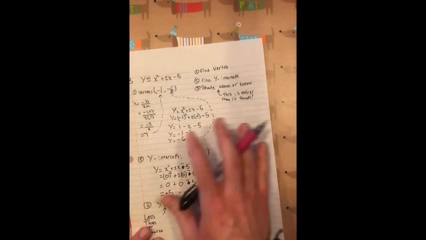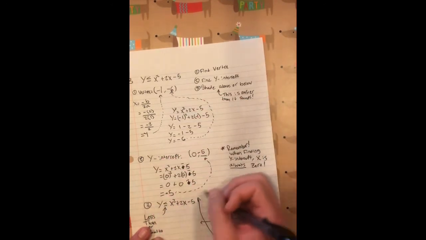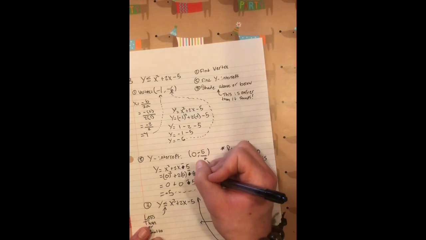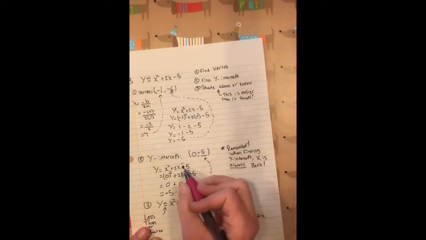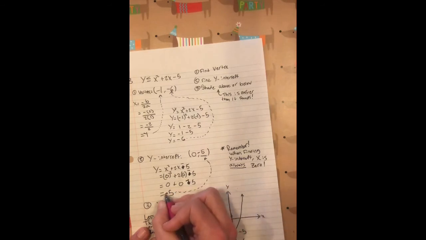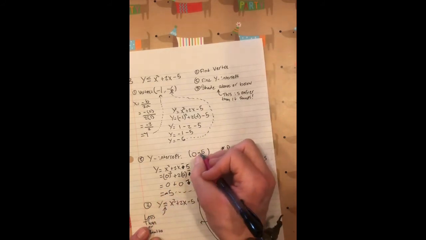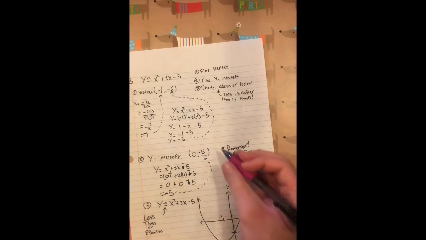So again, just to show you my mistake, the y-intercept, we did everything correctly except I wrote the problem down wrong. So this -5 is what we bring down. 0 minus 5 is -5. Right? And then -5 is brought up there.